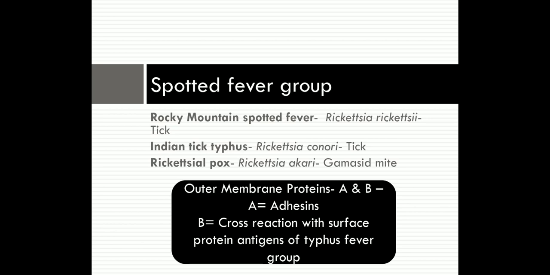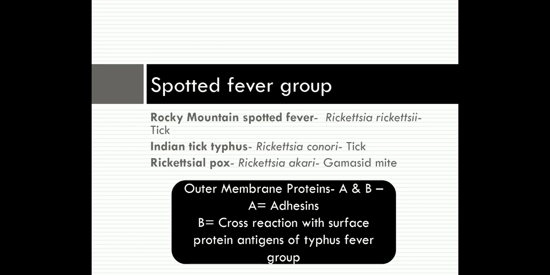The Indian tick typhus caused by Rickettsia conorii, and rickettsial pox, which is caused by Rickettsia akari and is transmitted by the gamasid mite. Please remember that unlike the typhus fever group, the spotted fever group possesses both the outer membrane protein A and B.